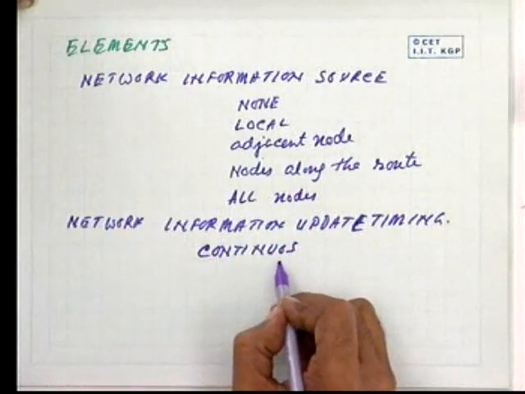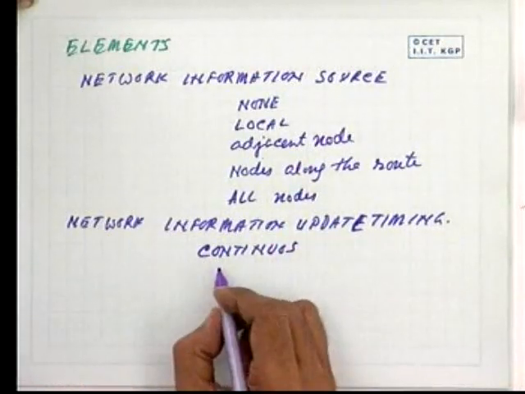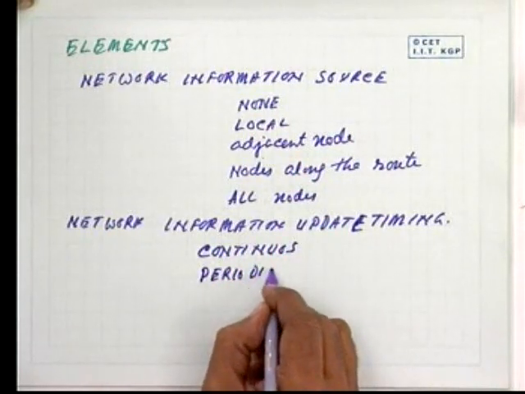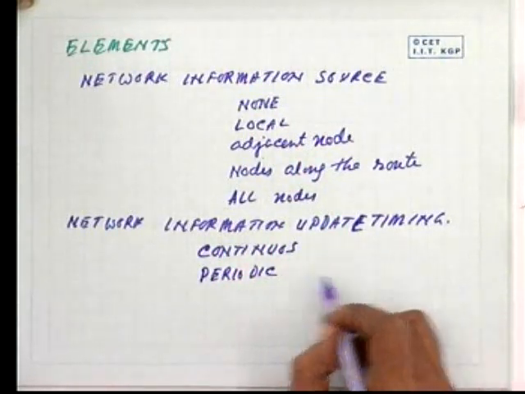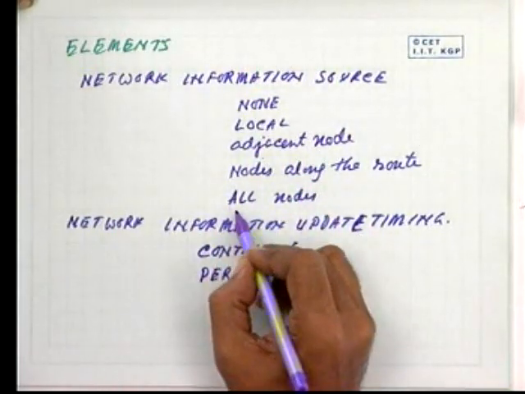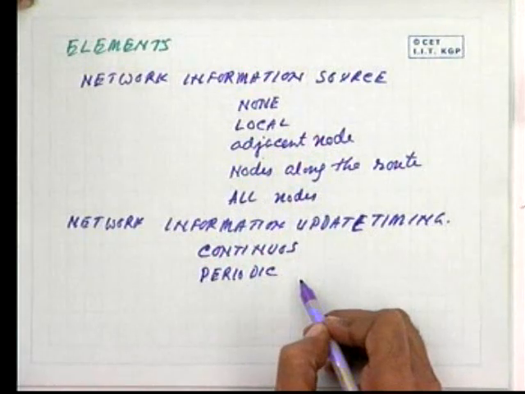Each node continuously gathers information from the adjacent nodes or from the links to which it is connected, and accordingly it takes decision continuously. Or it can be periodic. At some regular interval, it gathers information maybe from all nodes, and then it takes the decision.